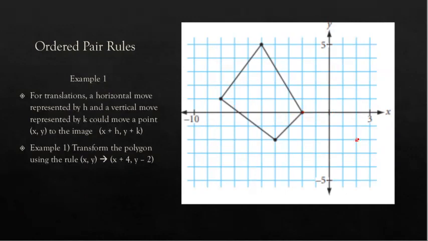So that point will now be here. This point down here, we're going to move over 4 and down 2. This point up here, over 4 and down 2. And then this last point, over 4 and down 2. So our new polygon should be right here.